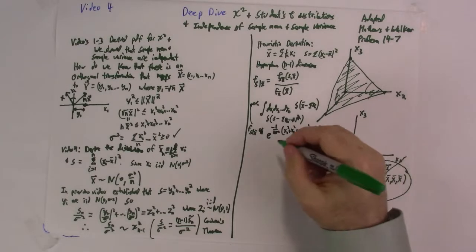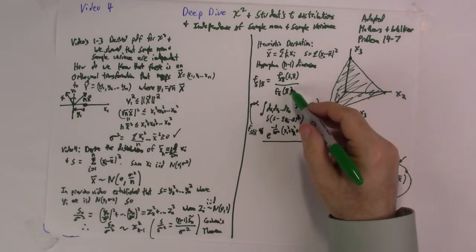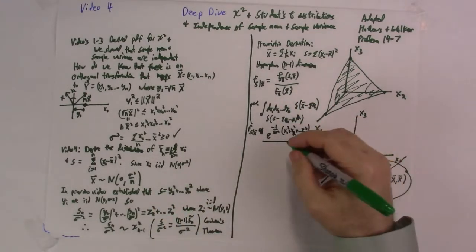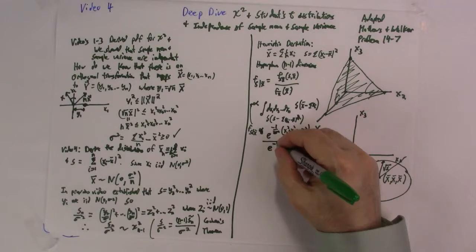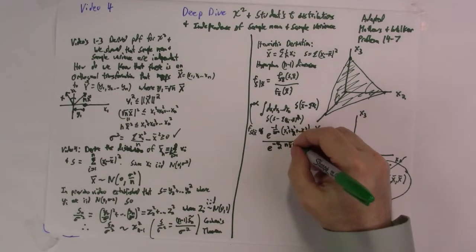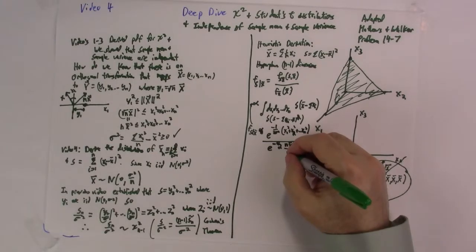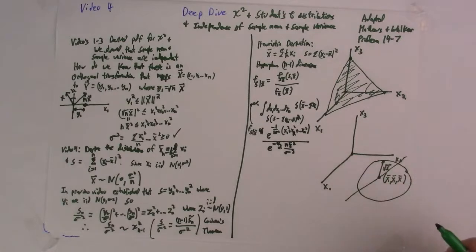That's that. And then in the denominator, we've already established what the distribution of x bar is. So again, leaving out any normalizing factors, e to the minus 1/2 n x bar squared over sigma squared, because the variance is sigma squared over n. Okay.